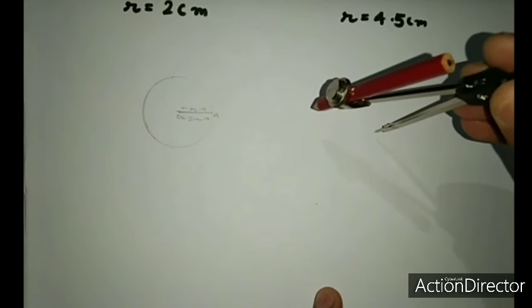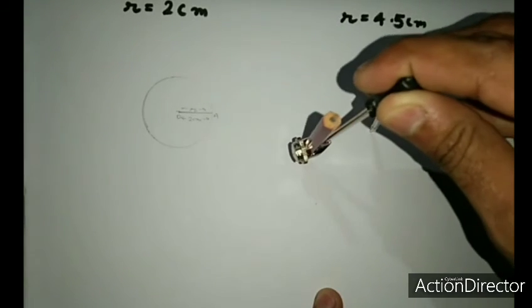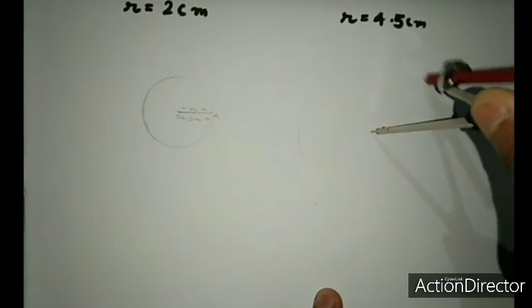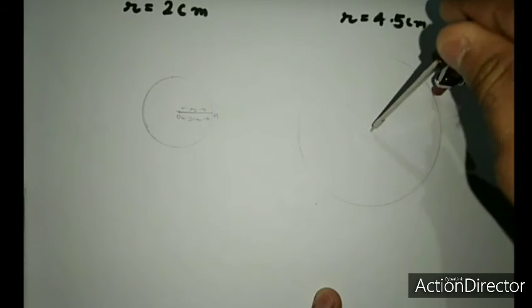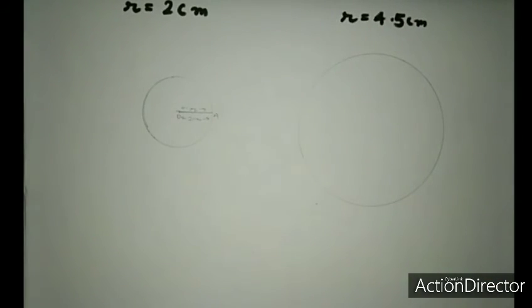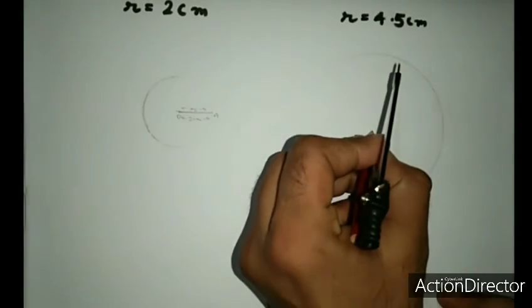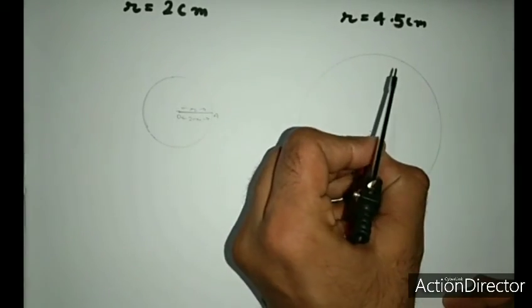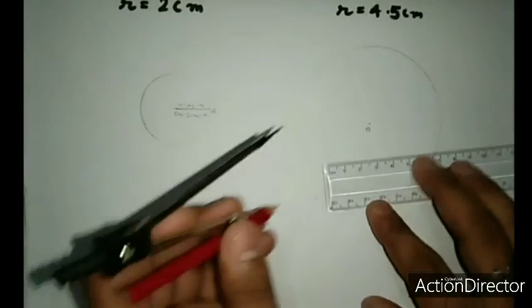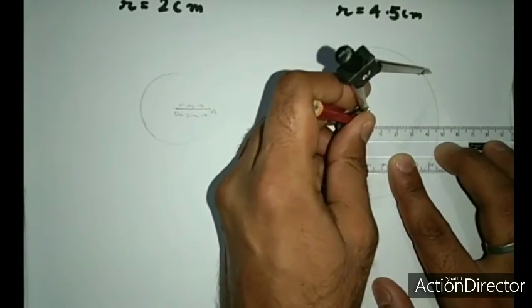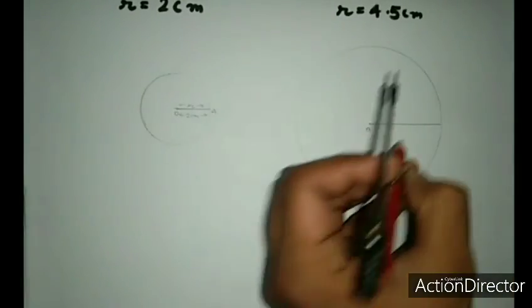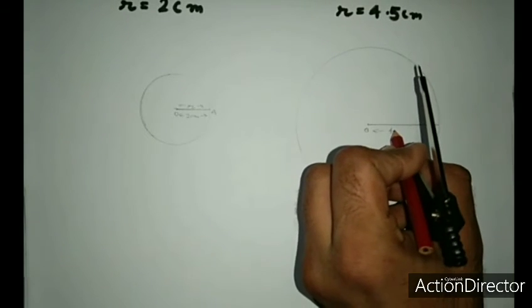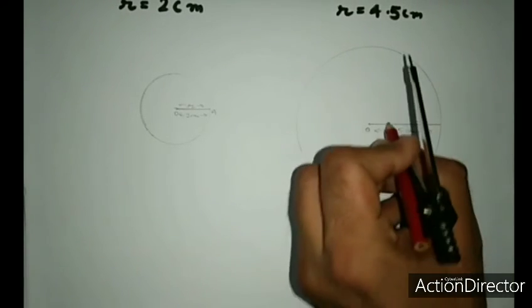Now put the tip on this paper and rotate like this. Now one circle is formed, and I give the name of the center point as O and join this point to the edge of the circle. Now this is the R of the circle, 4.5 centimeter.